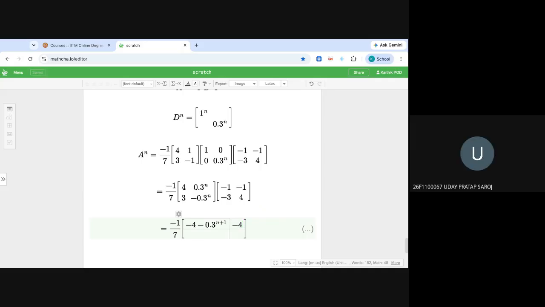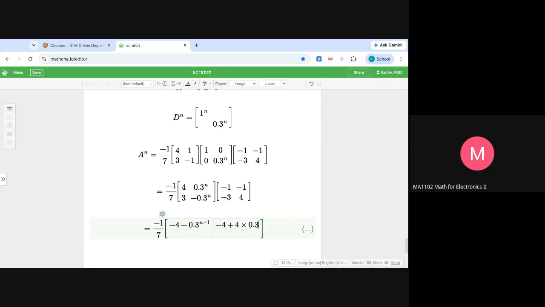I've written it in terms of 0.3. So then minus 4 plus 4 into 0.3 power n.